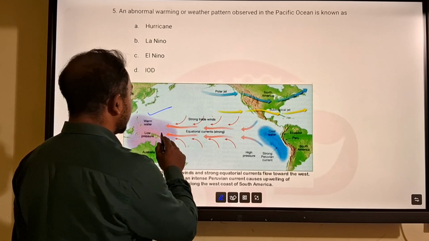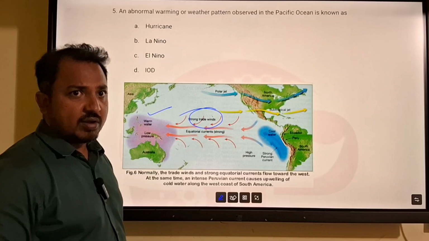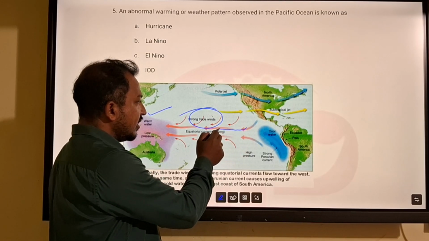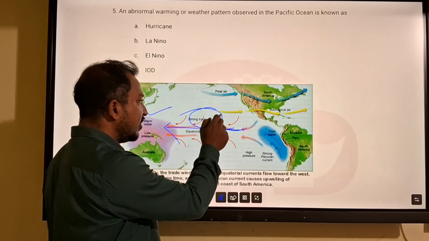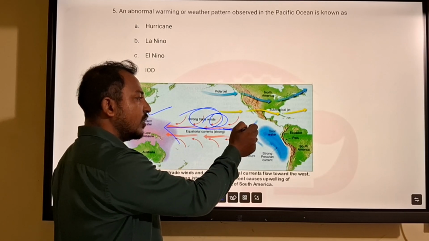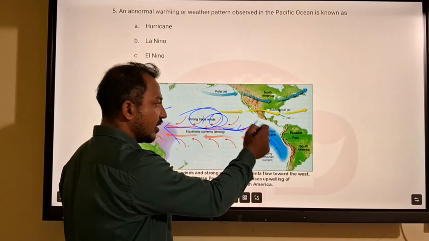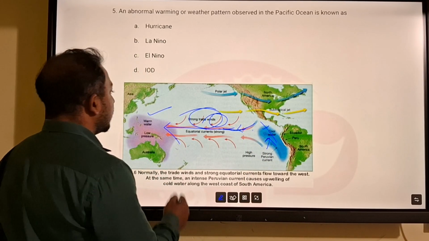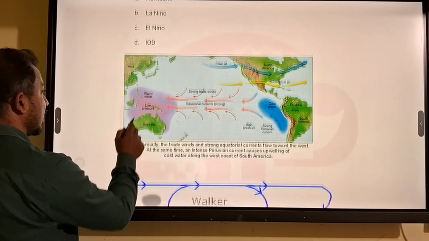But this condition reverses when the trade winds become weaker. Why? Because these trade winds drive the ocean current that displaces the water along the equator to this region. If this wind weakens, the water cannot displace from here, and water upwelling will not occur. That condition is called the El Nino condition.